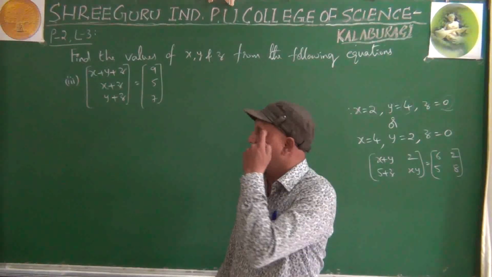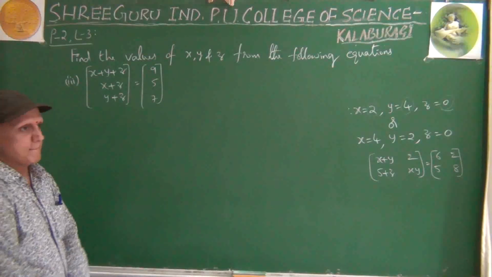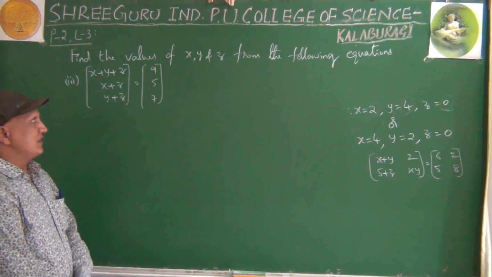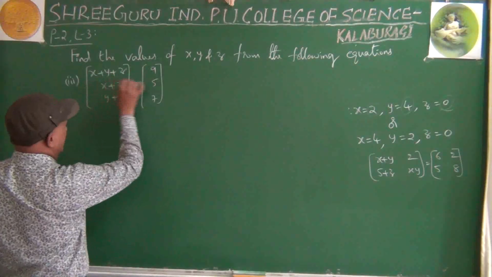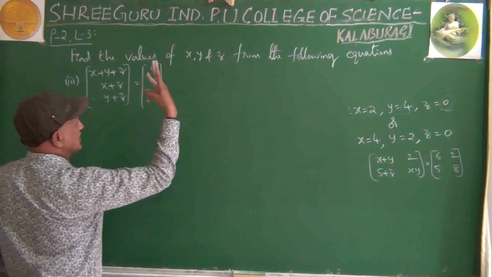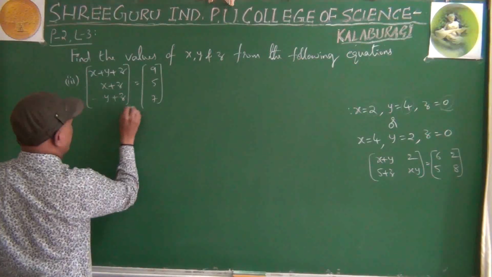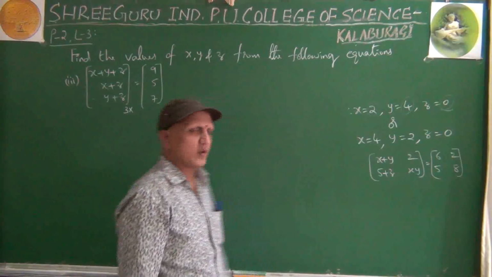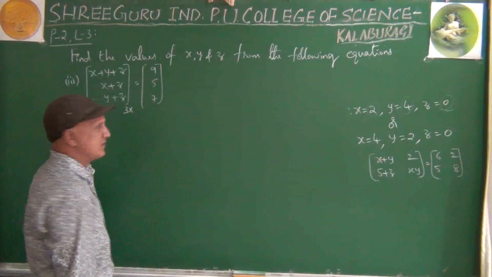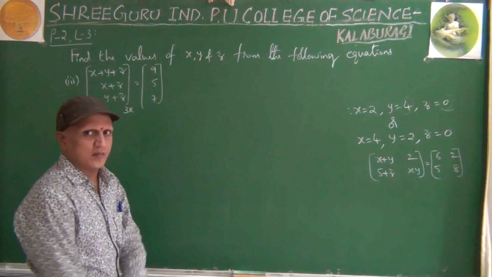Anybody, what is the order for this matrix? How many rows are there? First row, second row, third row. 3 rows are there. Writing the order is not compulsory at this place. 3 rows, and only 1 column.